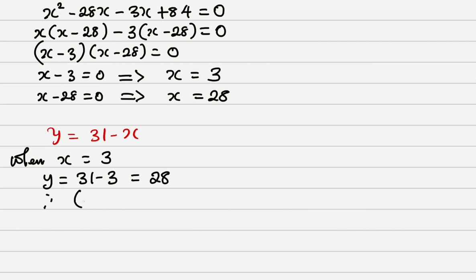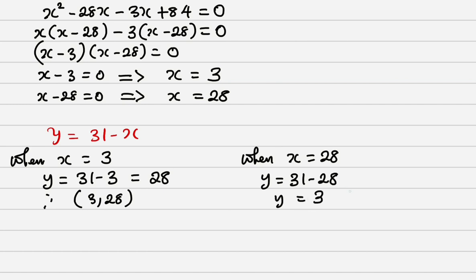Hence, I'm going to summarize this as (3, 28). Okay. Then the next one, when x is equal to 28, I'm going to have y is equal to 31 minus 28. So y is equal to 3. And I'm going to summarize it as (28, 3).